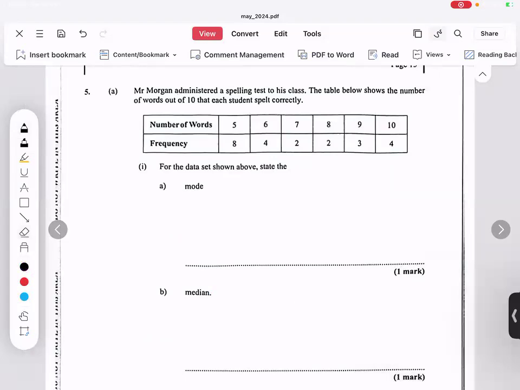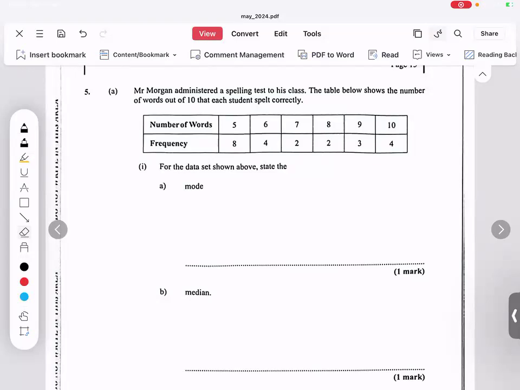All right. So number 5: Mr. Morgan administered a spelling test to his class. The table below shows the number of words out of 10 that each student spelled correctly. Let me just understand the table there. This table is in number of words.